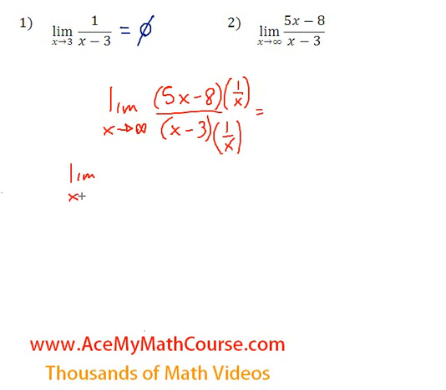We're going to have 5x times 1 over x, which is just 5. I need to distribute this, right? And actually, let me take it even slower. 5x times 1 over x is 5x over x. Negative 8 times 1 over x is just minus 8 over x, all over... Now I can distribute the x. x times 1 over x is x over x.